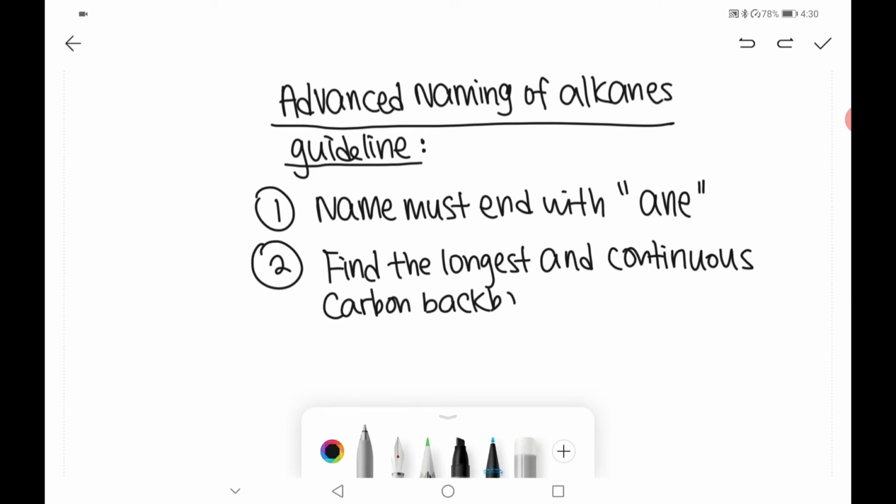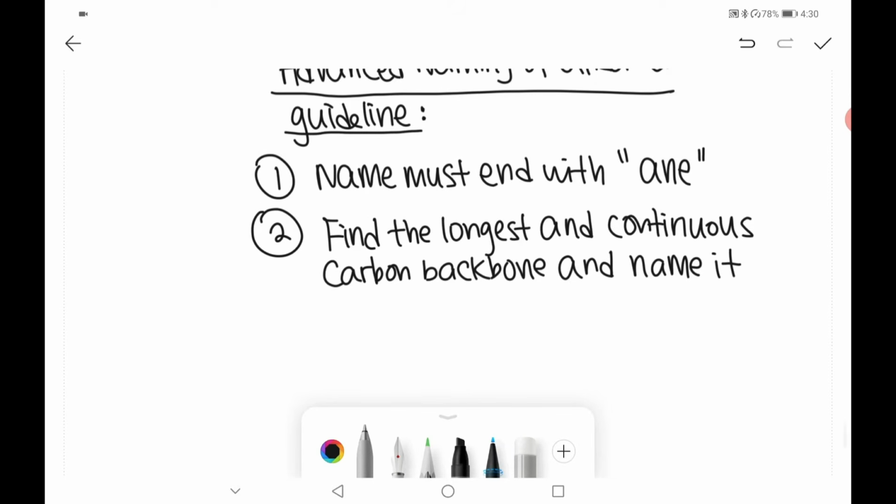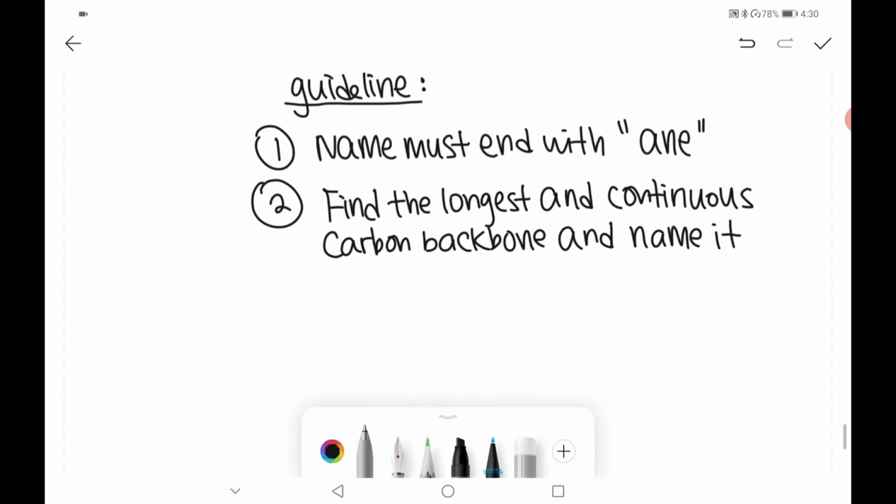I will tell you what we mean by carbon backbone in a short while. We will learn what the carbon backbone is.